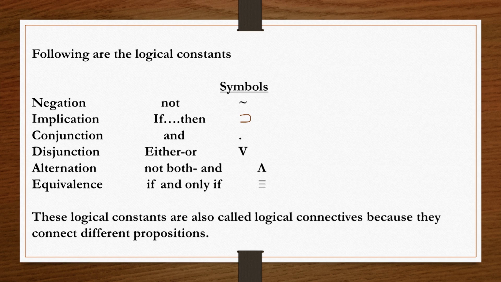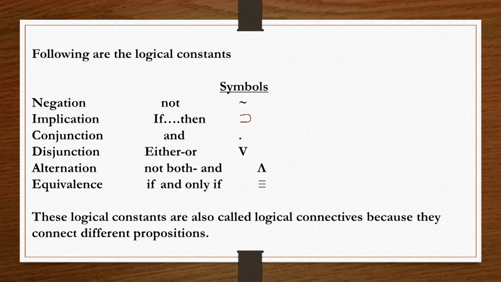For implication, which means if then, we use a horseshoe sign. For conjunction, which means and, we use a dot.